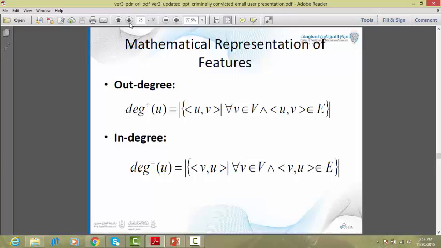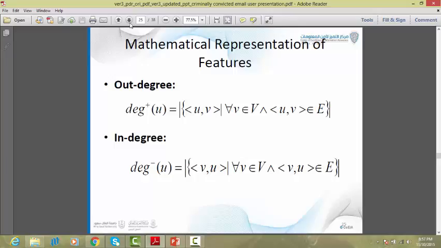We have used graph theory here. We have two nodes, U and V. In degree means how many emails are being received, and the minus sign is used for that. The plus sign is for out degree, and it stands for how many messages are sent.